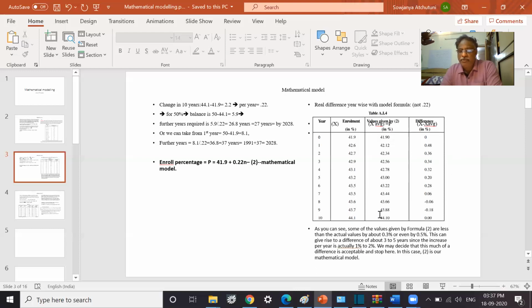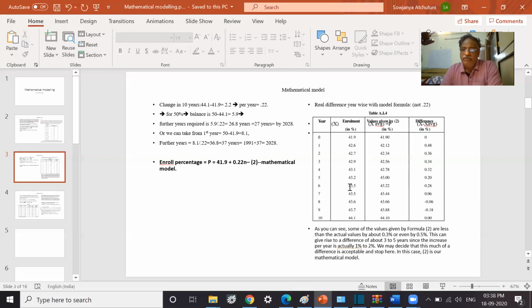Somewhere it is 0.5%, 42.6 versus 42.1. Somewhere it is minus also, 1%, 0.1%, like that. So there is an error here. This can rise to a difference of about 3 to 5 years, since the increase per year is actually 1 to 2%.